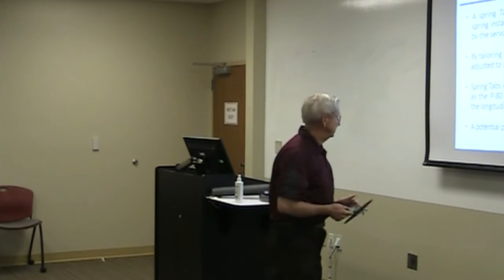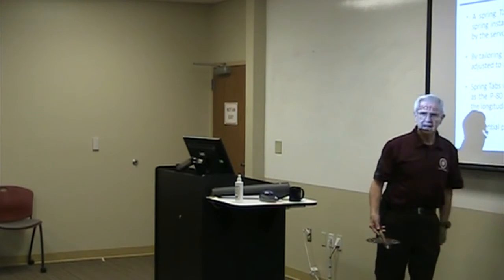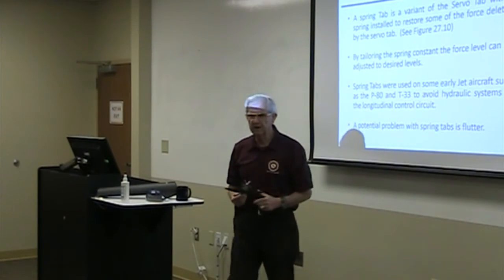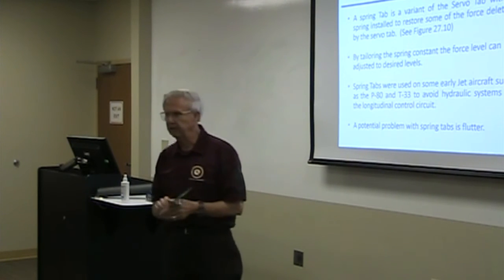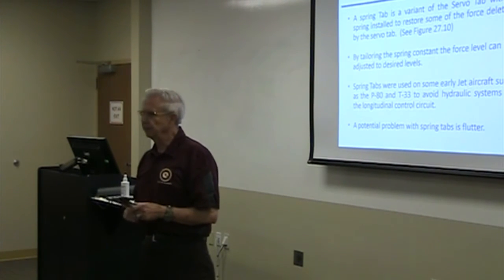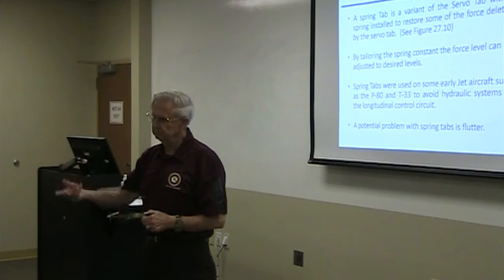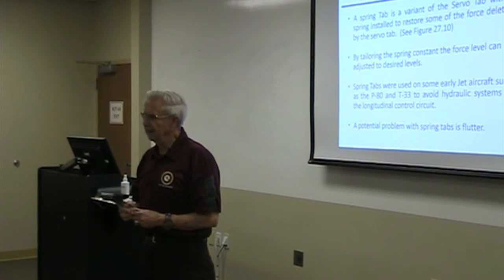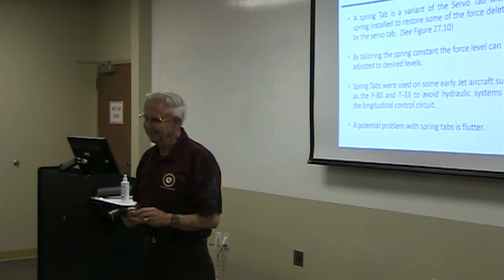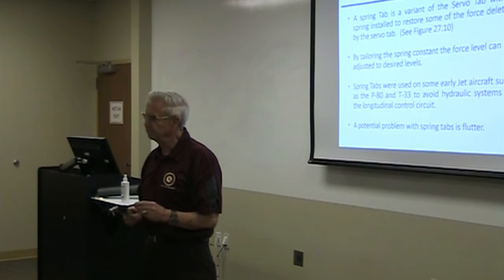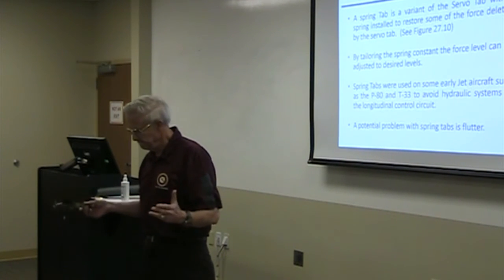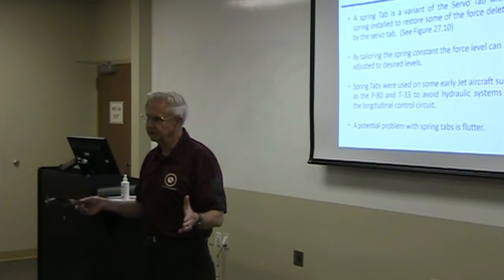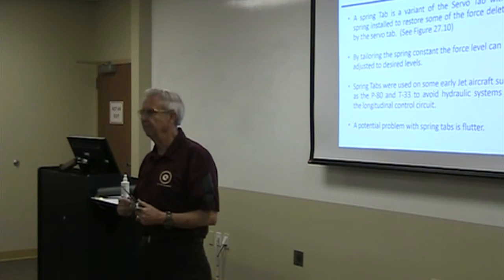Okay? So that's the problem with tabs. And so you approach them very gently. This particular airplane that I had to jump out of after I died and went to heaven and all those sorts of things, that particular airplane had a full span leading balance tab.